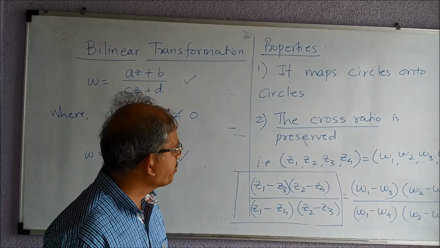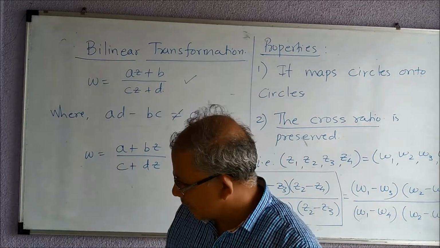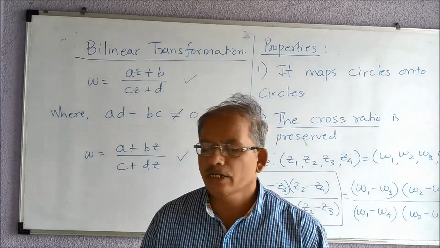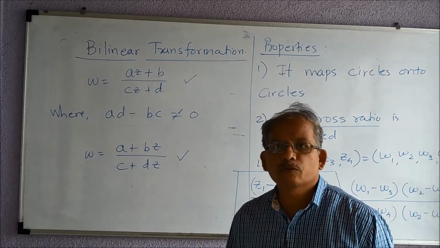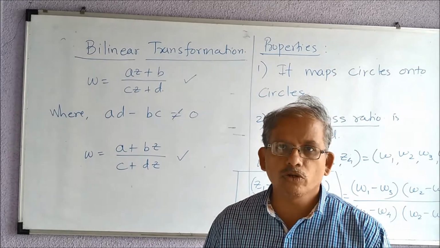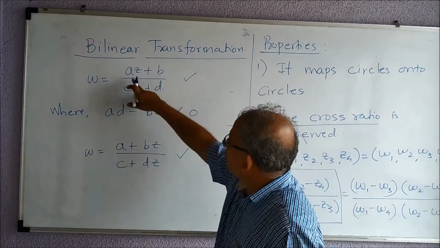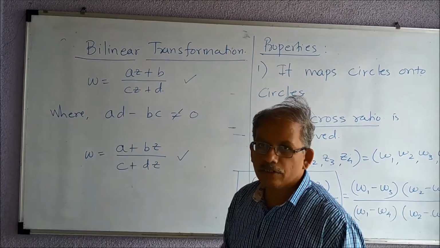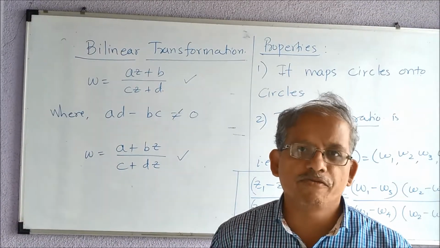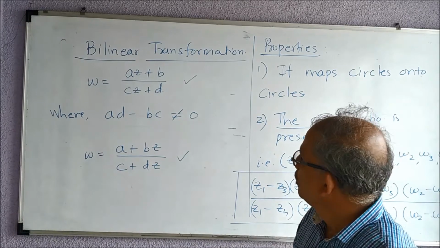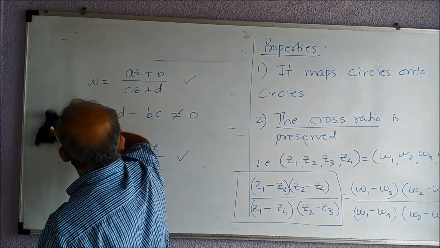Fine. Now the next thing is how you will determine a bilinear transformation. What do we mean by determine? How you will find out these constants A, B, C, D. Once you know A, B, C, D, you will get the correct definition of the bilinear transformation.